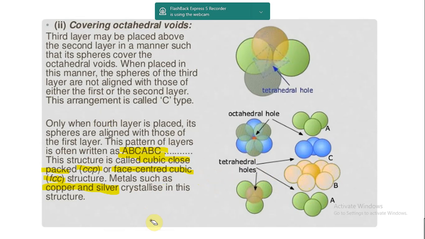If somebody asks in which pattern tetrahedral holes will be covered, it will be the AB pattern, and in which pattern the octahedral voids or holes can be covered, it will be the ABC kind of pattern.